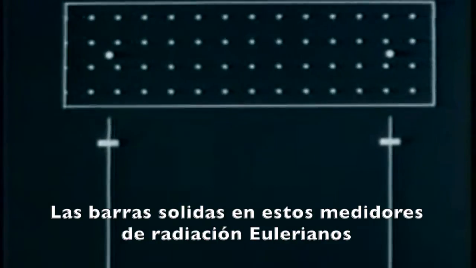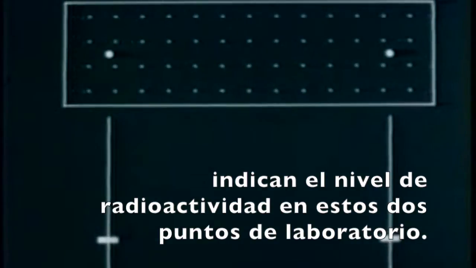We can add radiation counters at the laboratory points. The solid bars on these Eulerian radiation counters indicate the level of radioactivity at these two laboratory points.